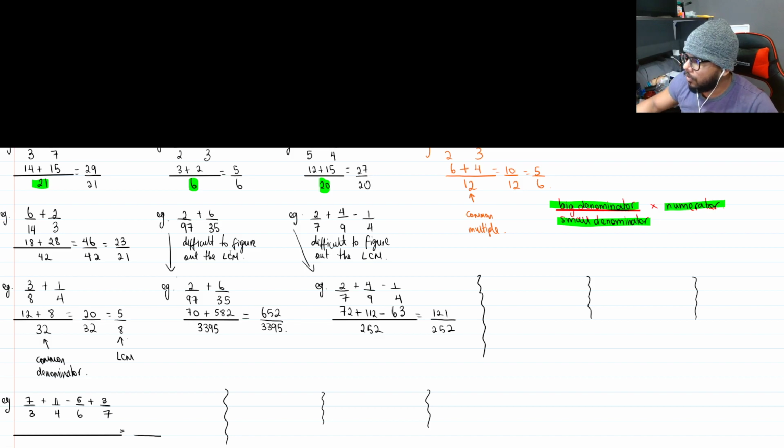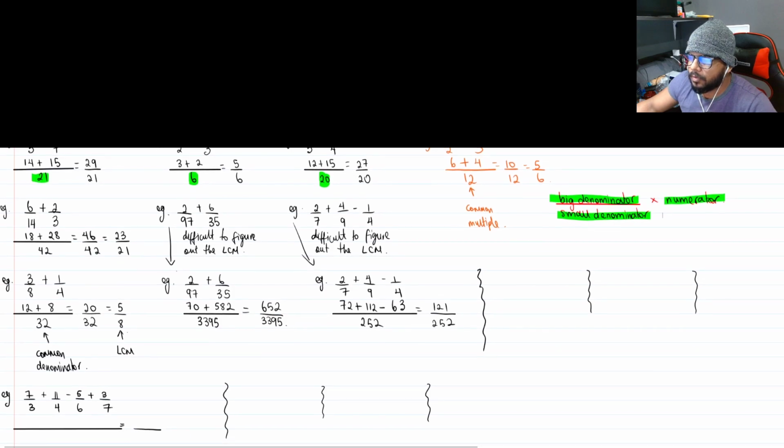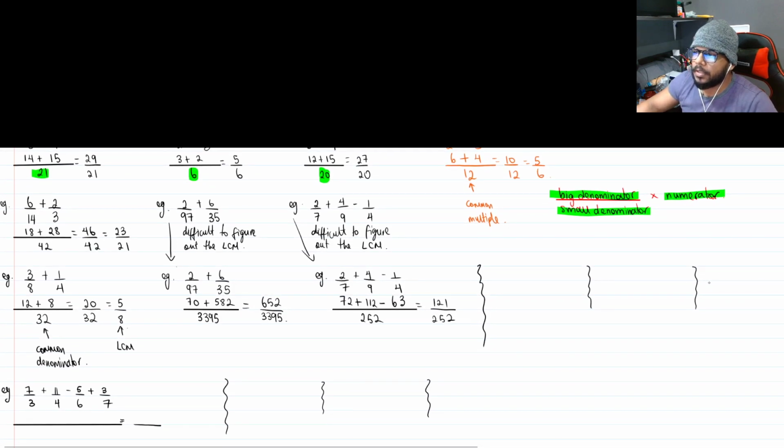Now, when I say big denominator, what does that mean? The big denominator is this common denominator or the common multiple when we multiply everything by each other. But instead of multiplying everything by each other like what we have been doing before and writing down what that number is, I'm not going to multiply it out and get one single number. I'm going to put my big denominator as a product of each of the denominators.